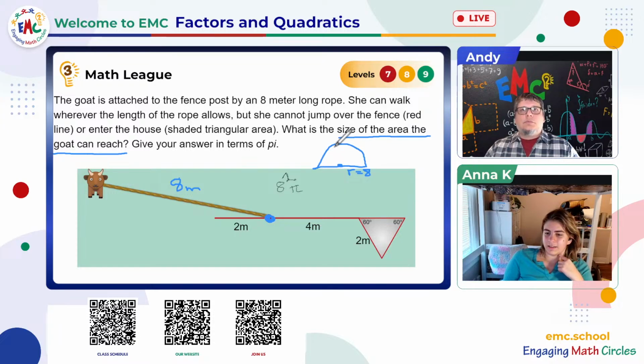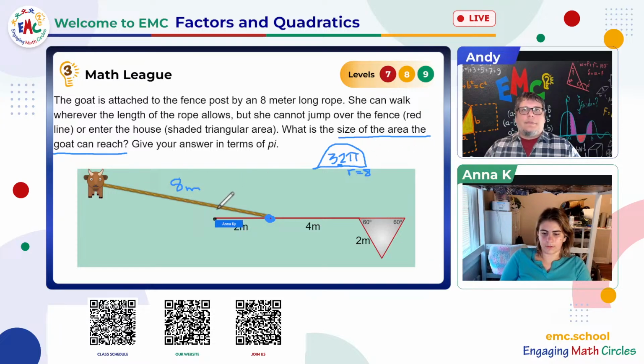Then divide that by 2 to get the semicircle, or you can multiply 4 times 8, because I find that easier than multiplying then dividing, which is 32 pi. 32 pi for the top. I agree.